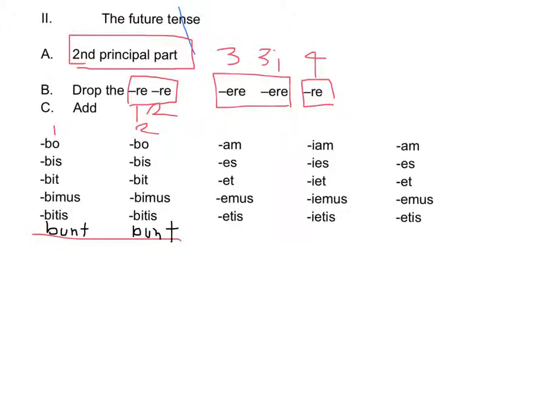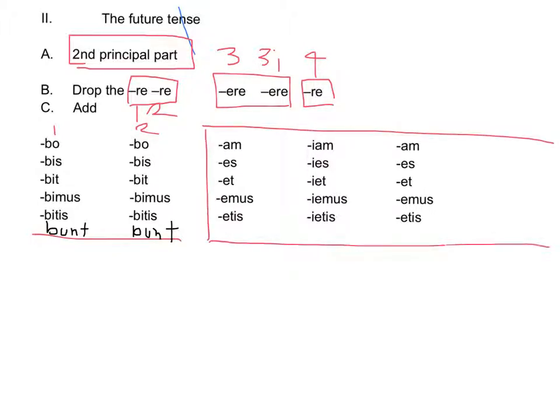For the third and third I conjugation, you add a different pattern: am, es, et, emus, etis, ent, and then iam, ies, iet, iemus, ietis, and ient.